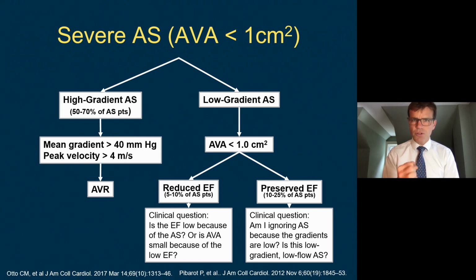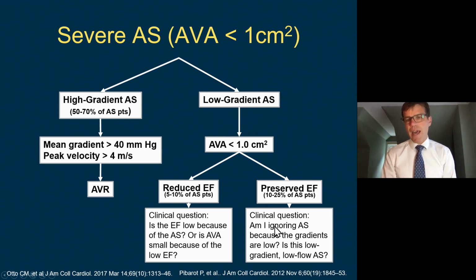In other words, does the valve stenosis cause the patient to develop a non-ischemic cardiomyopathy, a weakening of their heart muscle? Or is the aortic valve area small because they have a cardiomyopathy? And if we fix the cardiomyopathy, the heart would actually be able to open the valve better, and so they'd have better flow. And that's an important clinical question. I'll show you how we typically approach that in a moment.